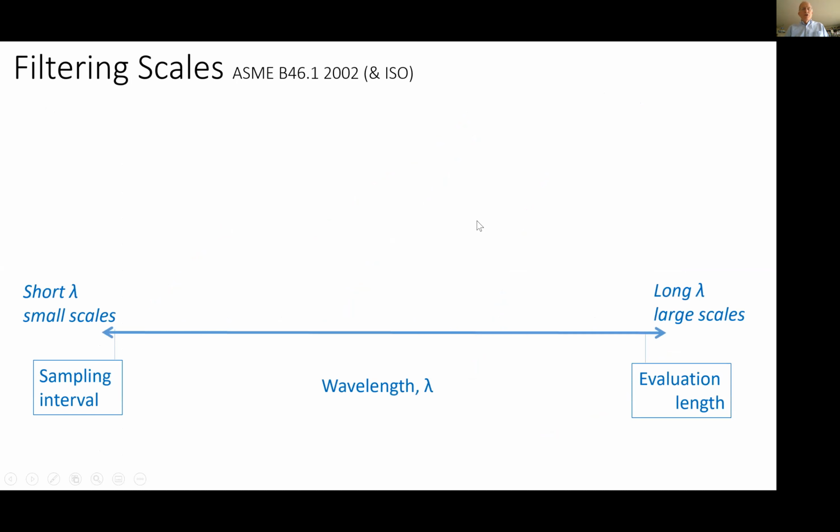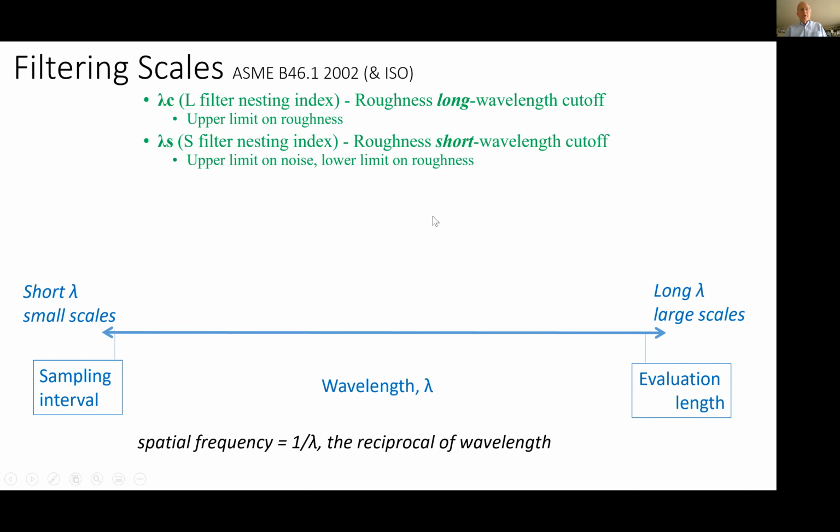Now, we do filtering, and this is part of the standards. This is often in our vocabulary. We typically filter out two scales to get at the roughness, a larger scale and a small scale. So here might be the roughness on the full range of wavelengths in a surface measurement.